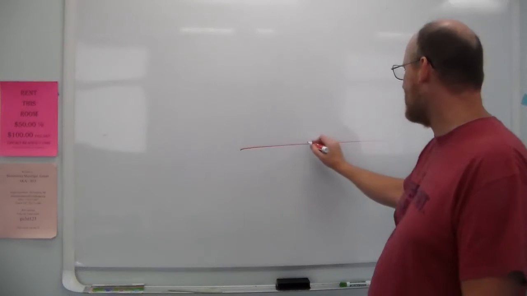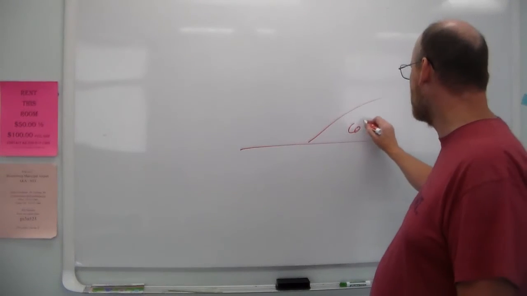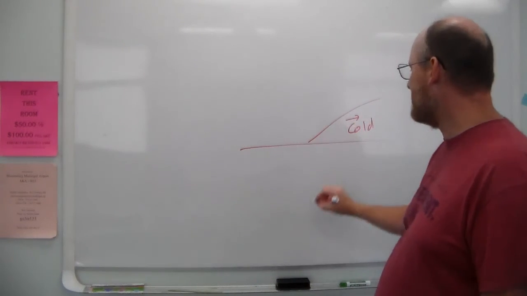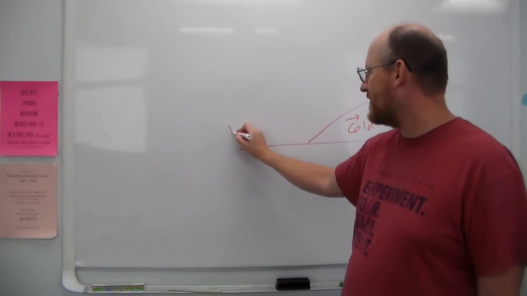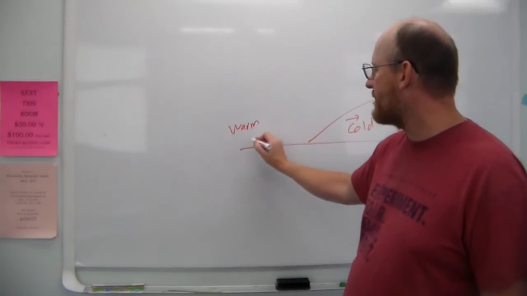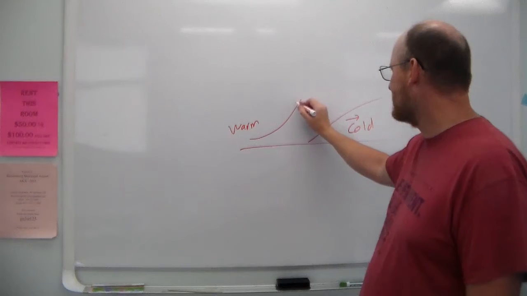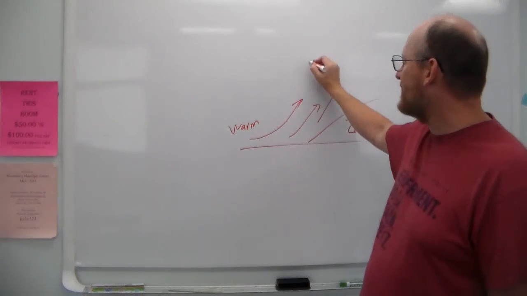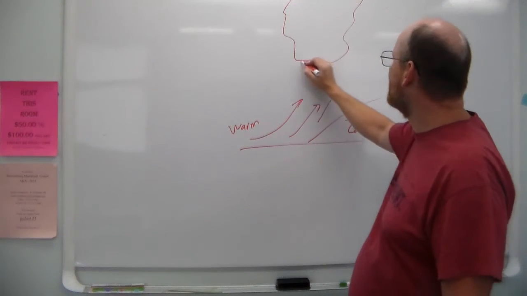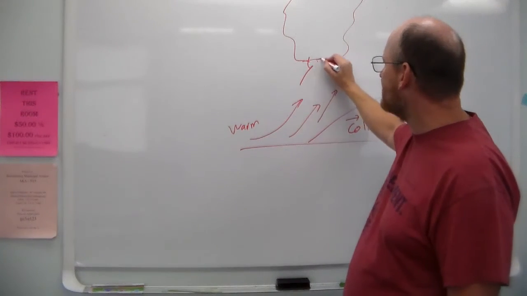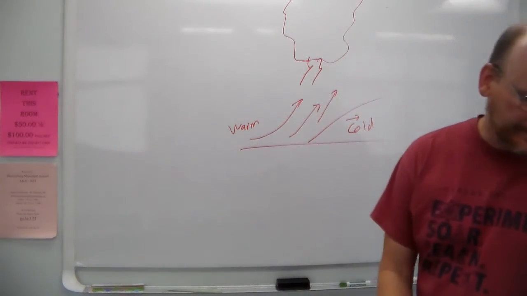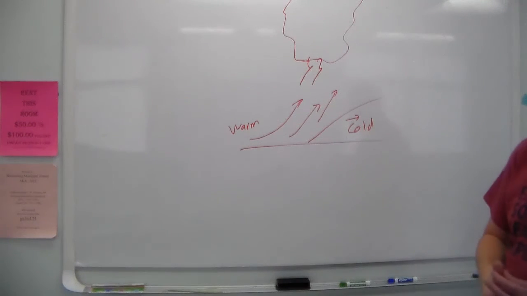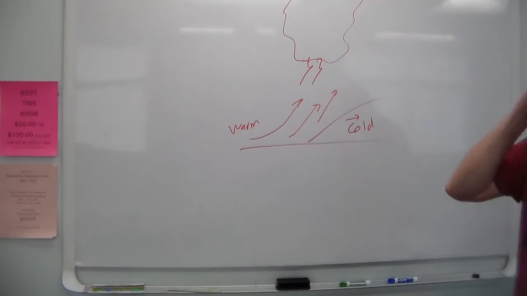So now, let's say I have my cold air. It's kind of moving this way, but not real fast. And I got my warm air that's overtaking it. So again, it's going to get driven upward. And that's going to give me nasty storms. Just slightly different.